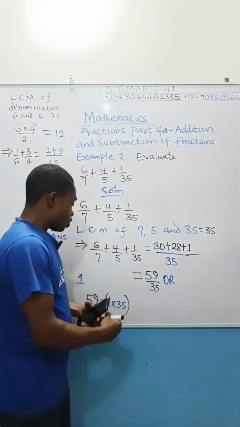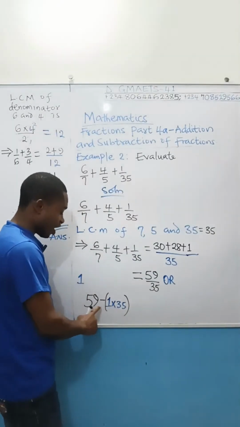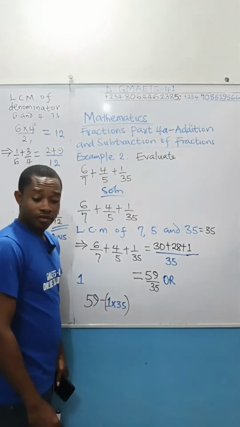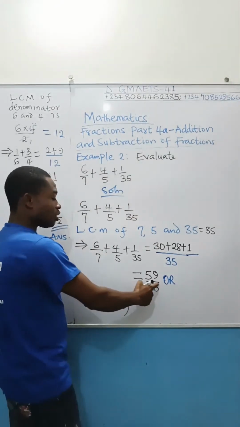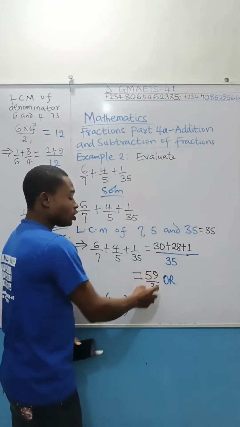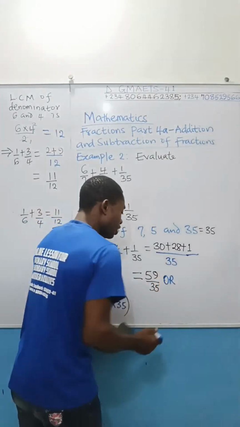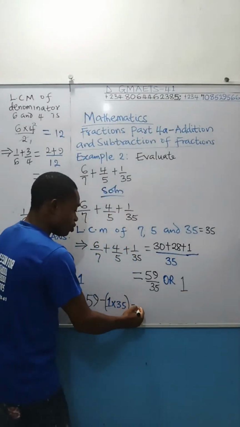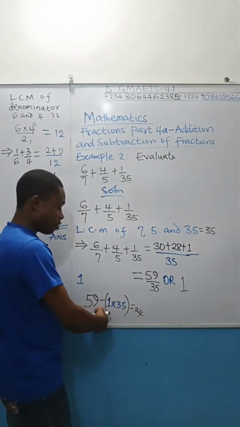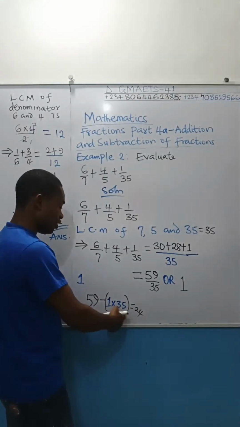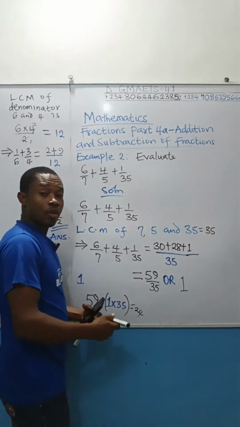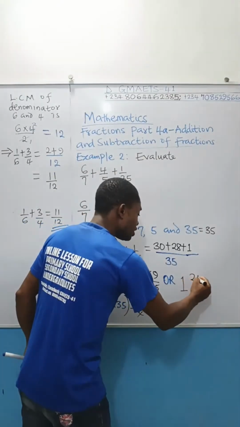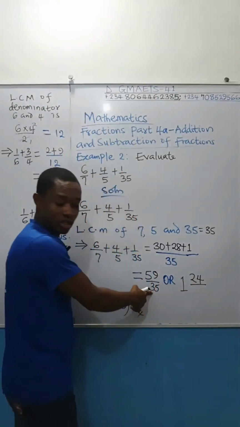All right. So from here, 1 times 35 is 35. 59 minus 35 is going to give you 24. So the result here is 35 can go into 59 1 whole time. So that's going to be 1 whole number. The remainder, like I said, will be 24. So that's going to be 1 whole number, remainder 24, over what you used in dividing.